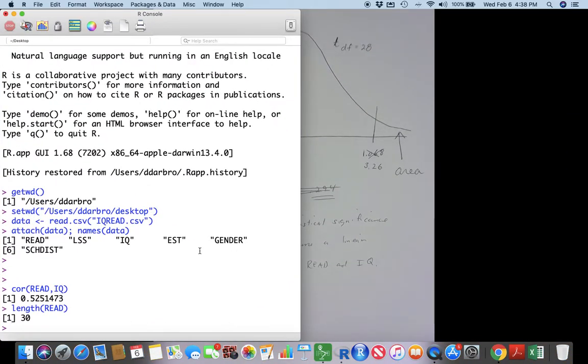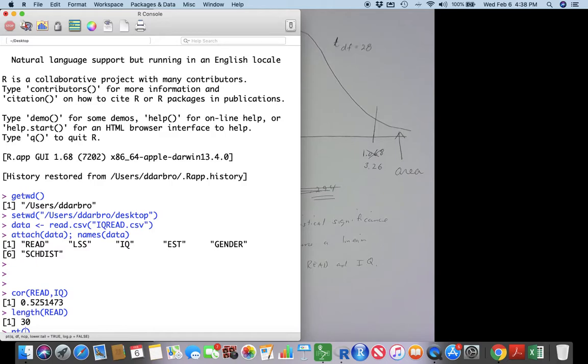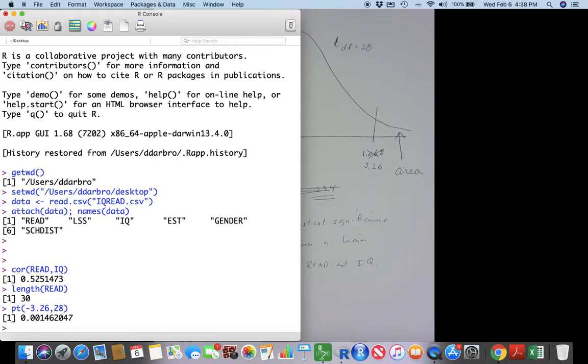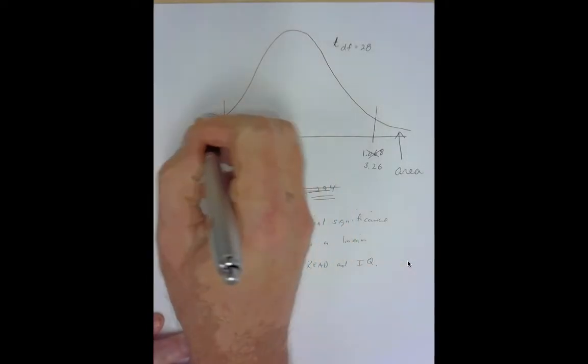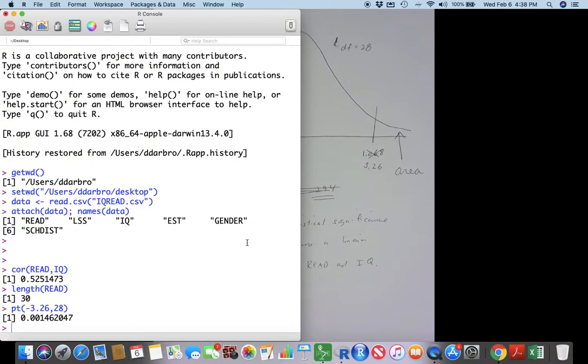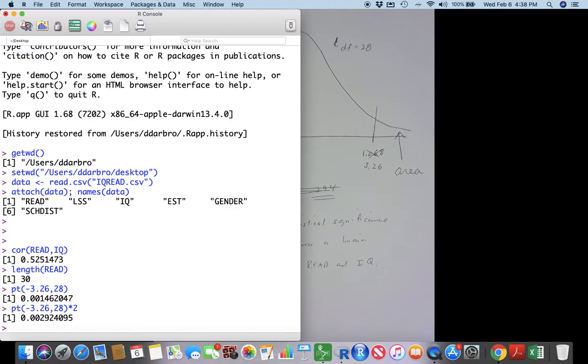So I'm going to use pt, negative 3.26, degrees of freedom 28. Actually, I did that incorrectly. This is actually the area that I just found, so I have to multiply it by 2. I get 0.0029.